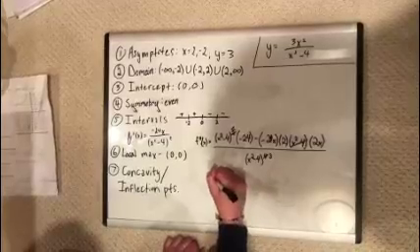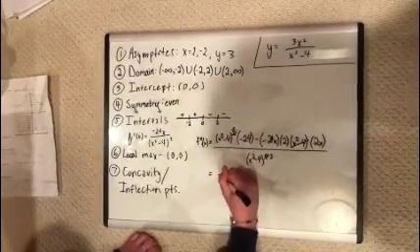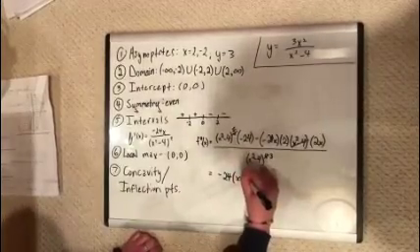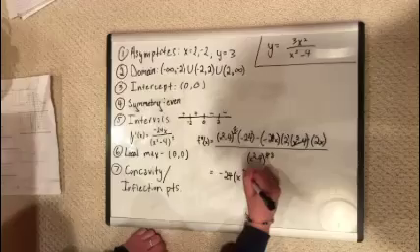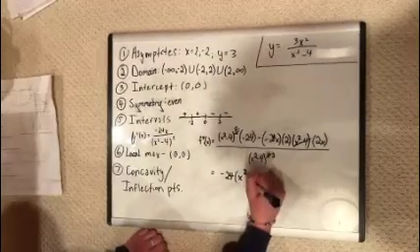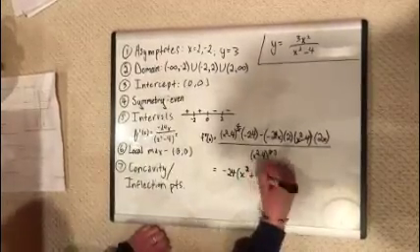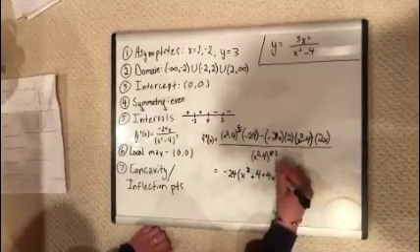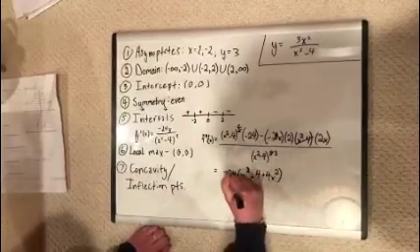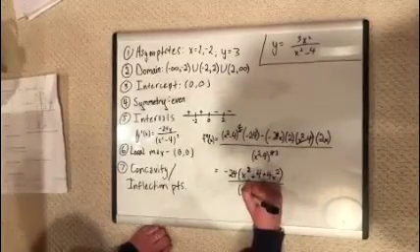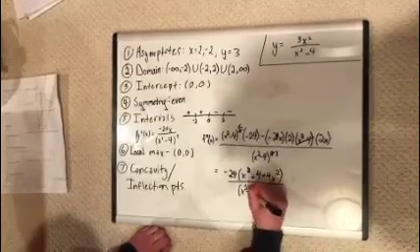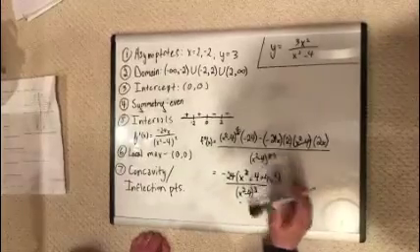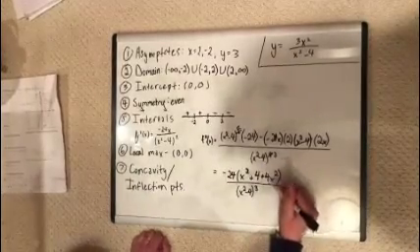We can simplify this down ultimately to negative 24 times x squared plus 4 plus 4x squared, all over x squared minus 4 to the third.